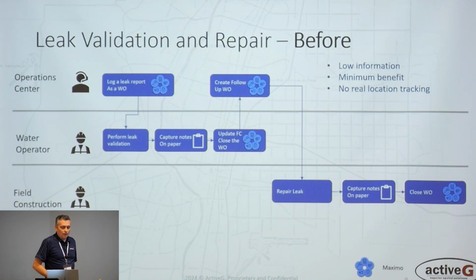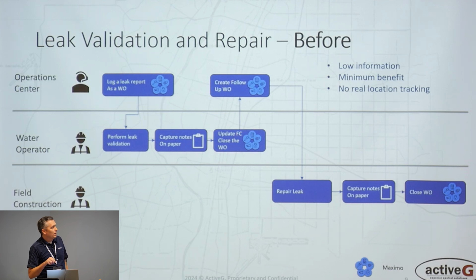So what our customer was doing, a leak would be reported to the operations center. They would log it in Maximo. Someone would get that notification. A water operator would go out, do the validation. They would capture the notes. Then they would come in, input that into Maximo.